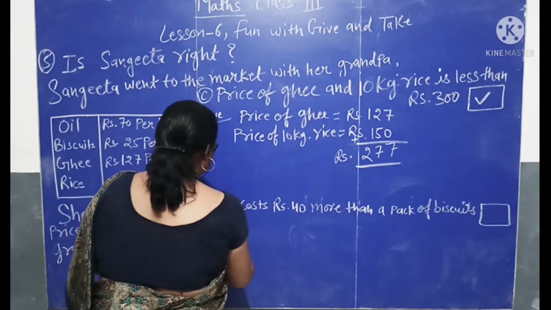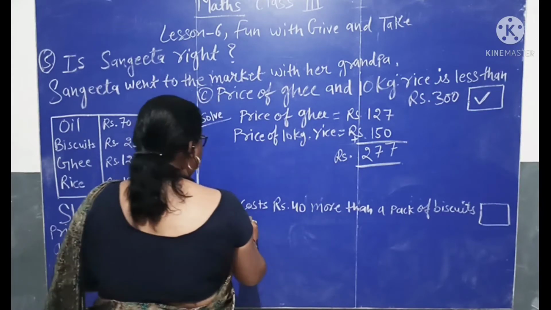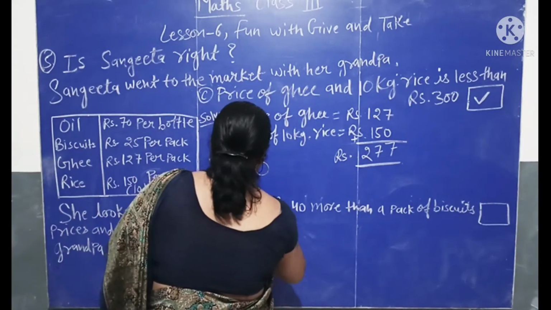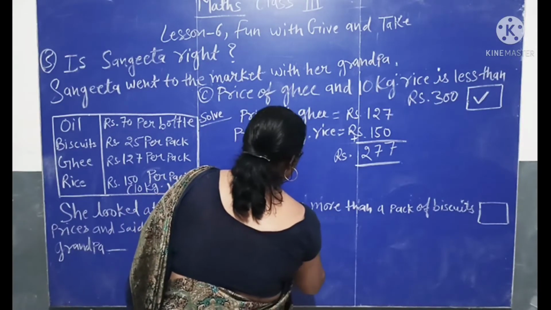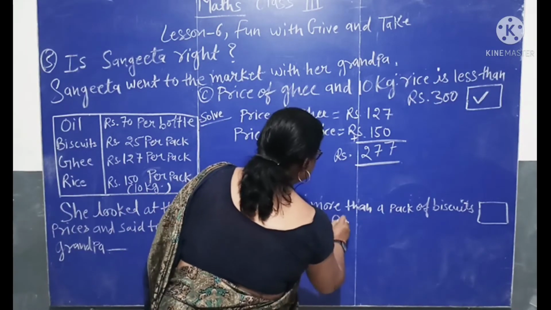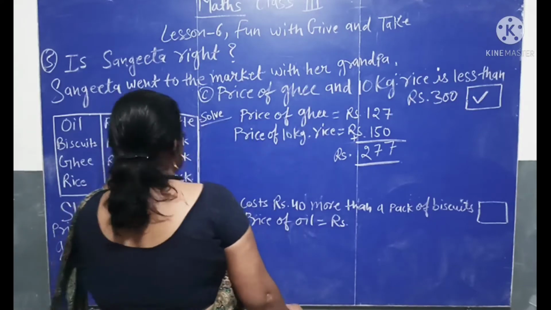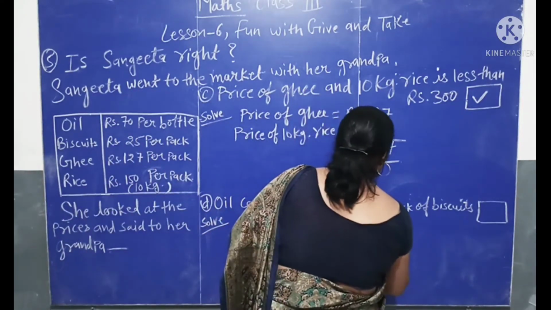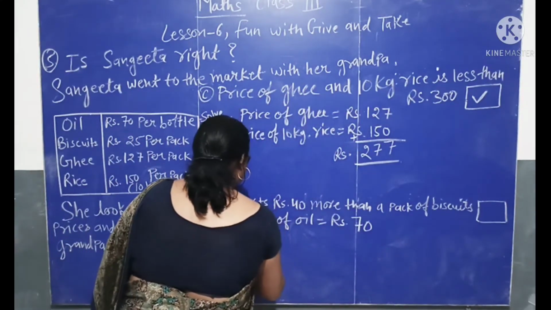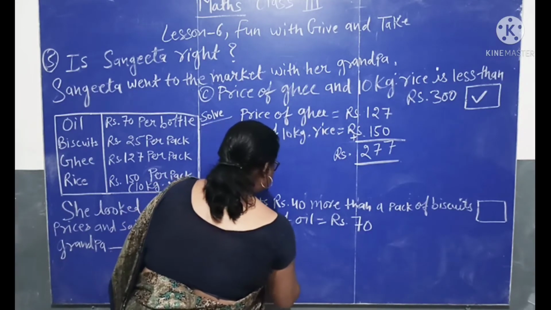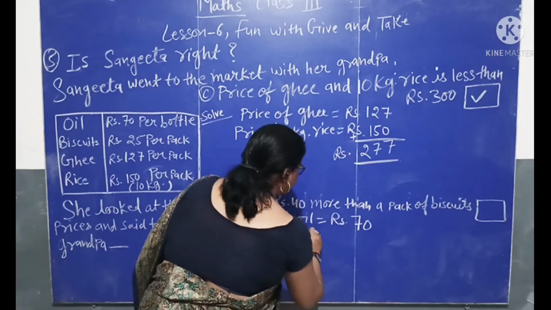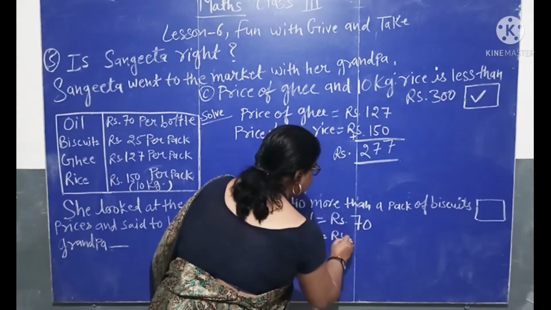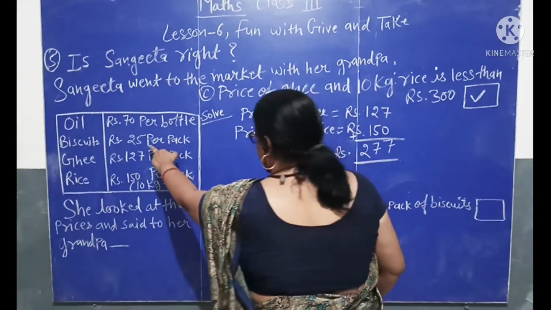So the price of oil is rupees 70 per bottle, and the price of biscuit is rupees 25.